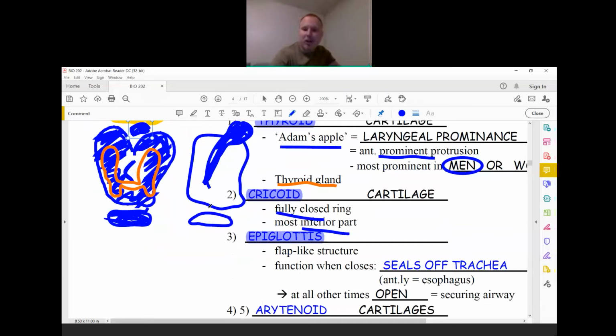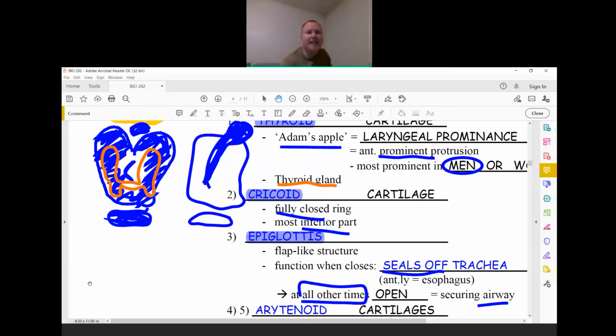So we make sure that food or drinks don't go into the lungs. At all other times, though, the epiglottis is open, so securing the airway is the priority. That's what we always want, ensuring that one is able to get air going in.